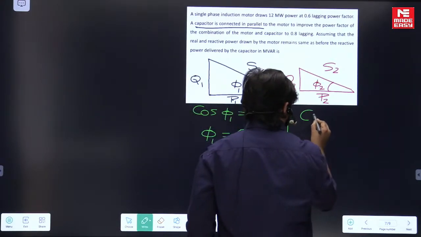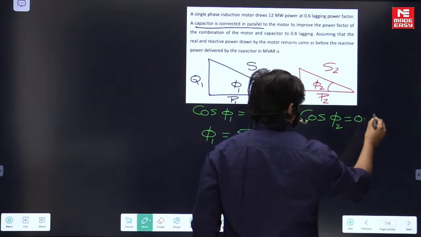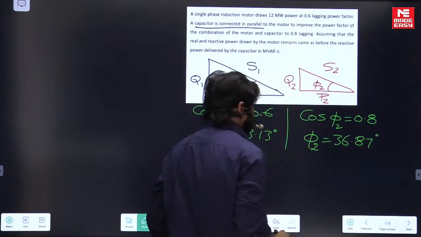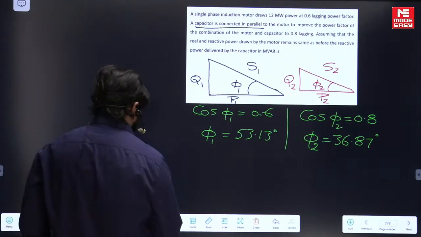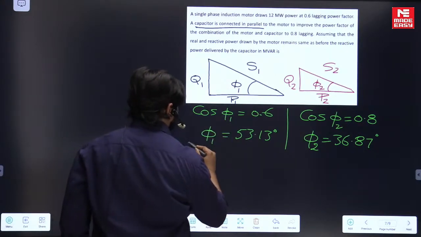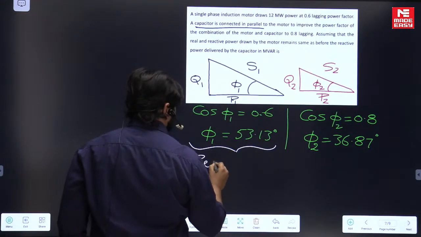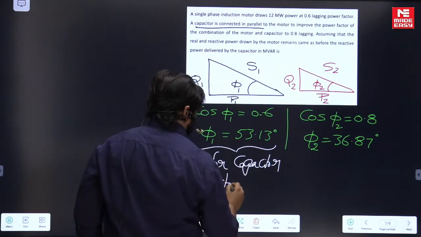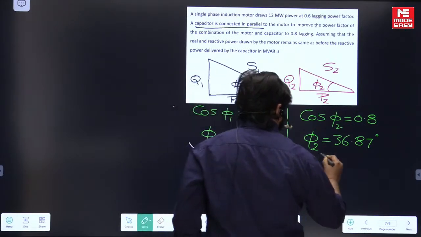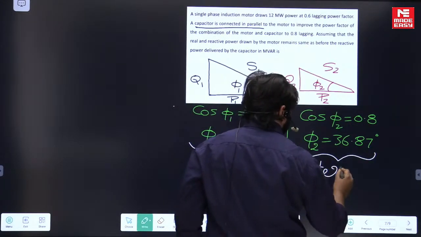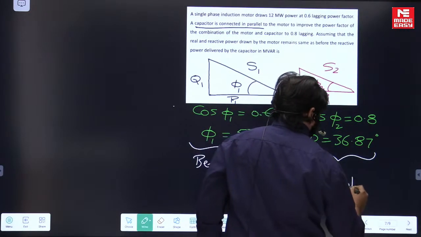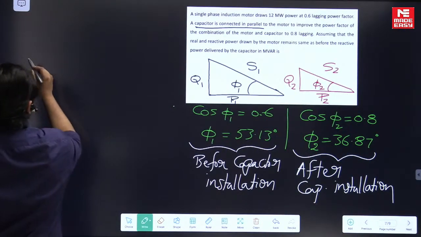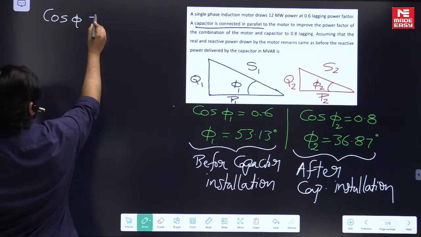Next, second case, after placing the capacitor, power factor is 0.8. So Phi 2 is cos inverse 0.8.